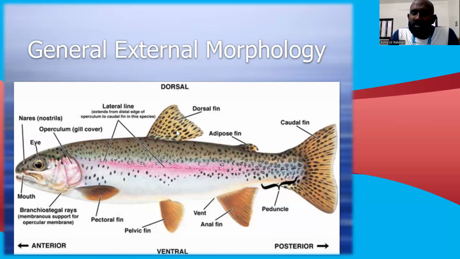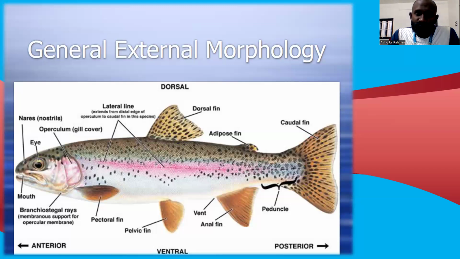It is like a skeleton for the fins, right? Those rays cannot be seen in the adipose fin. This adipose fin is comprised only of fat bodies, and hence the name adipose fin, right?